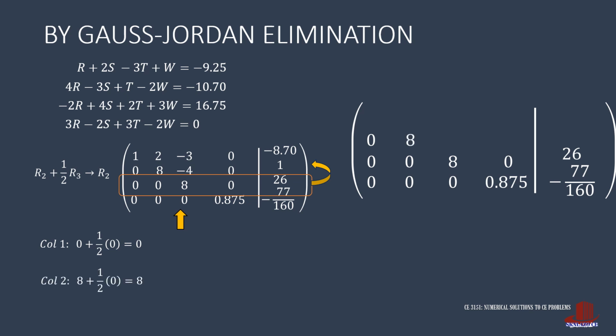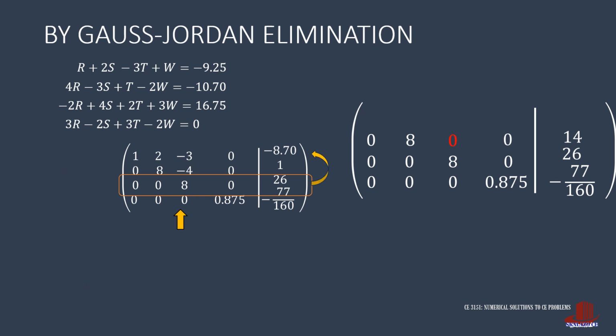The next has 8 plus half of 0, which is still 8. The element right after is negative 4 plus half of 8, which makes 0. The element in the fourth column is 0 plus half of 0, which is again 0. The last element has 1 plus half of 26, which is 14.